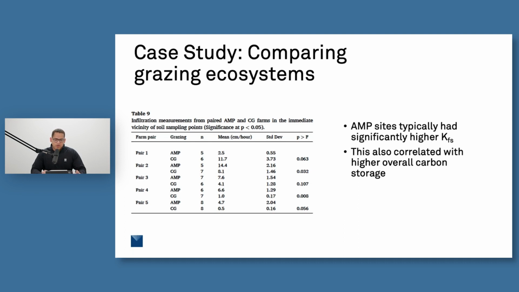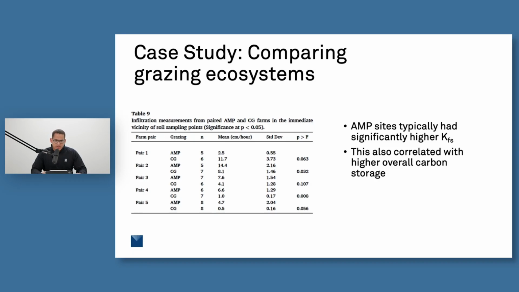These grazing differences also impacted the soil hydraulic properties as well. When we look at water infiltration, you find that the AMP sites generally had higher water infiltration rates and field saturated hydraulic conductivity.